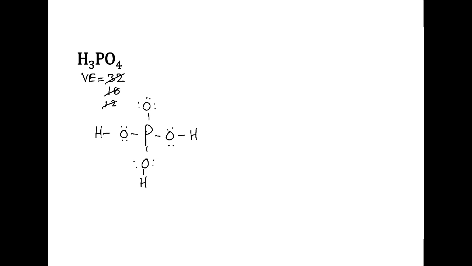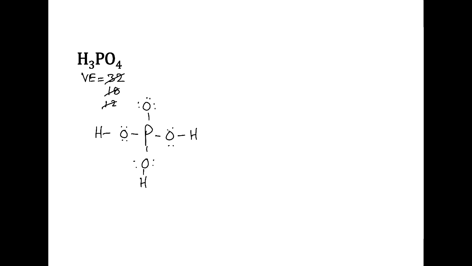So now, this is where we have to make a choice. If we look at this, right now everything obeys the octet rule. Okay, hydrogen has that single bond, which is good, but all the oxygens and the phosphorus atom all obey the octet rule.